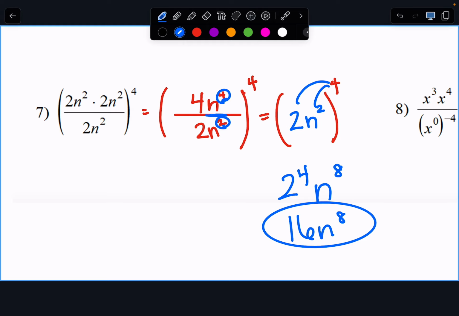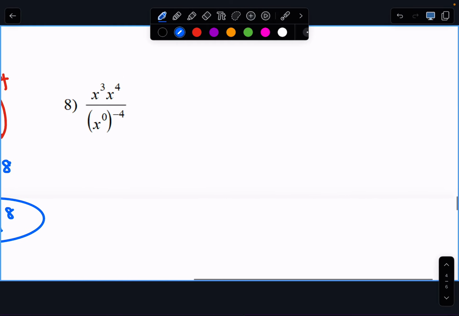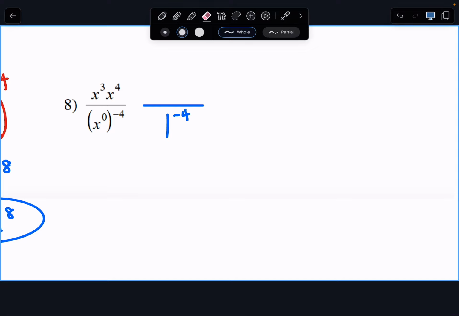All right, last problem, and then you get work time, okay? Ooh, what's x to the 0? X to the 0 is 1. And what is 1 to the negative 4th? What's 1 to any power? 1 squared. 1 to the 4th.